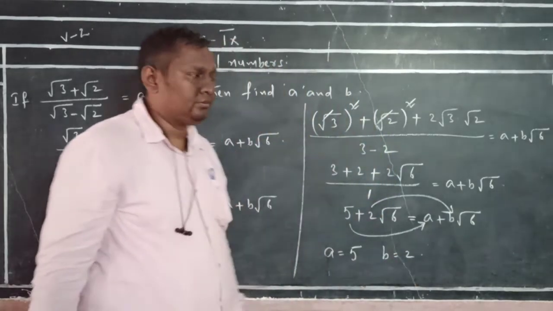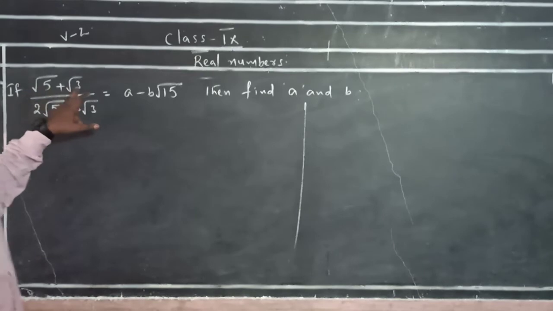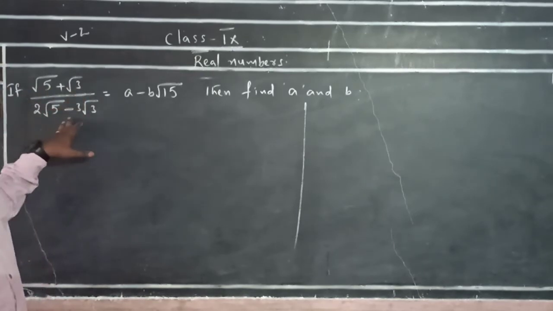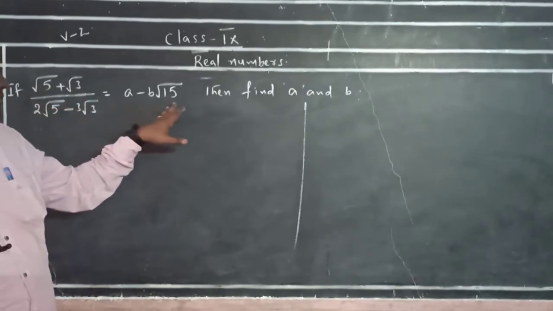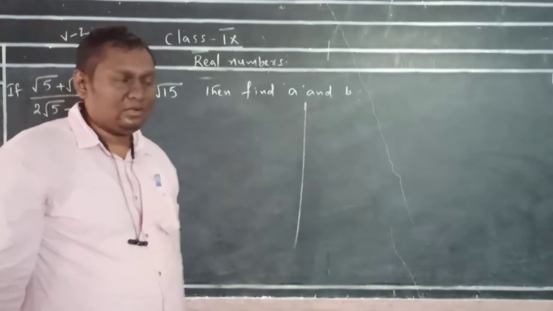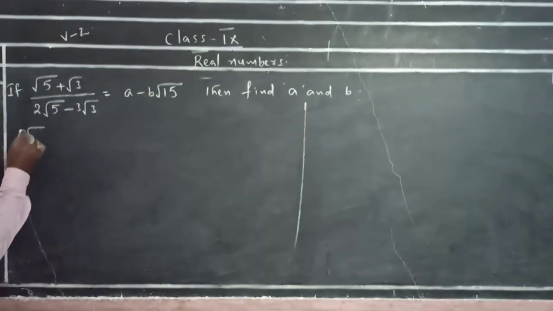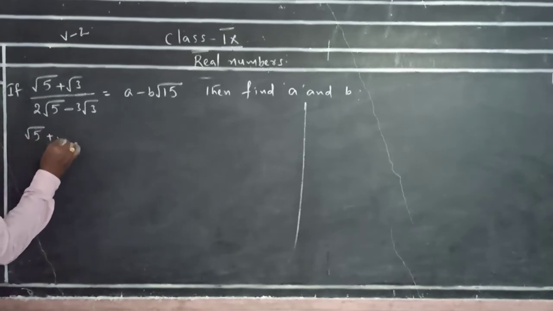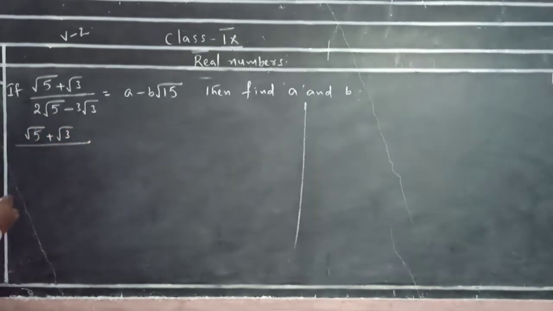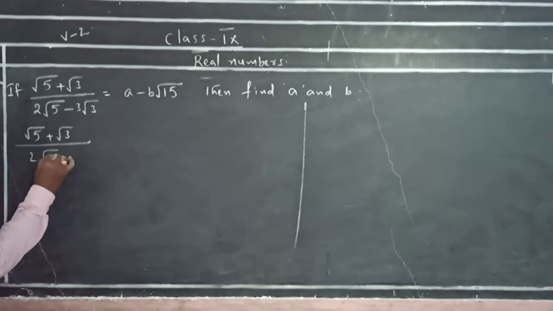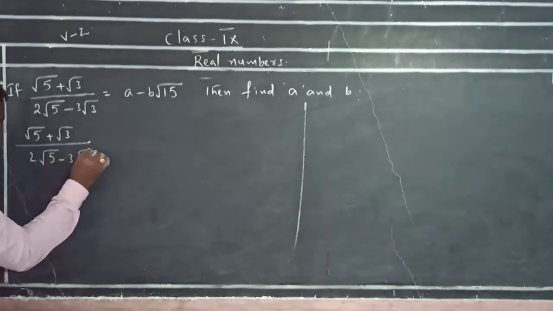Okay, understand? So if (root 5 plus root 3) by (2 root 5 minus 3 root 3) is equal to a minus b root 15, find the a and b values. Rationalize (root 5 plus root 3) by (2 root 5 minus 3 root 3).